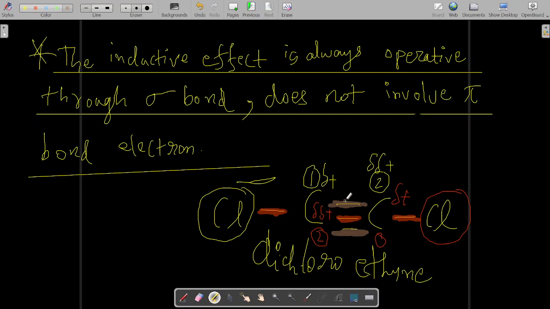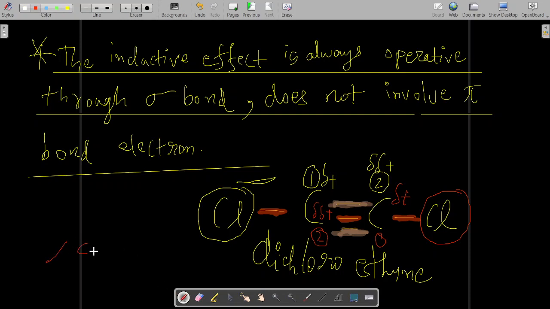The pi electrons over here and here will spend equal time around the carbons. They will not be displaced towards any particular nucleus. That is the thing you must remember, that inductive effect is always operated through sigma bond. It does not involve pi bond electron.